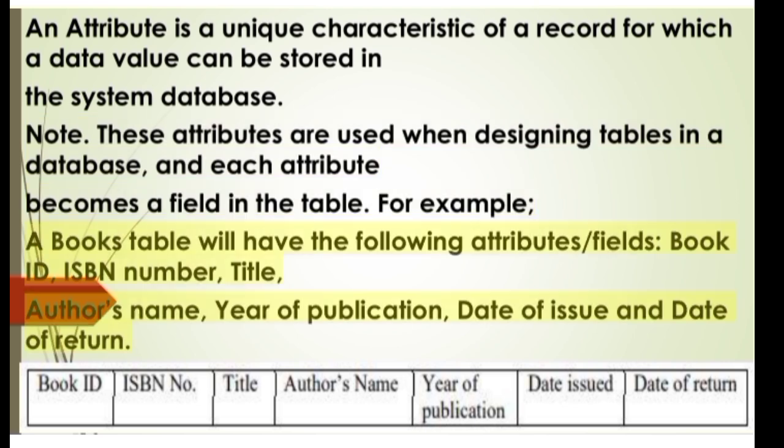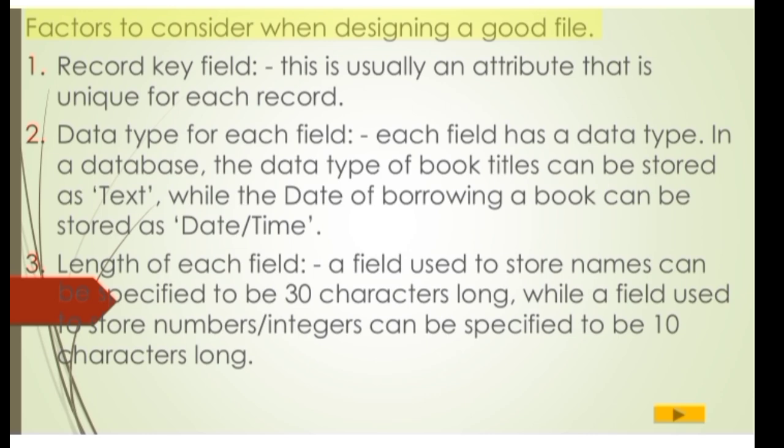For example, a books table will have the following attributes or fields: book ID, ISBN number, title, author's name, year of publication, date of issue and date of return. Factors to consider when designing a good file. 1. Record key field. This is usually an attribute that is unique for each record. 2.